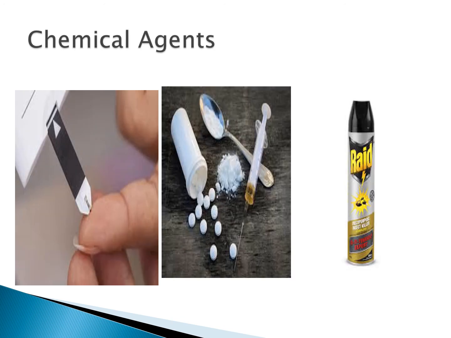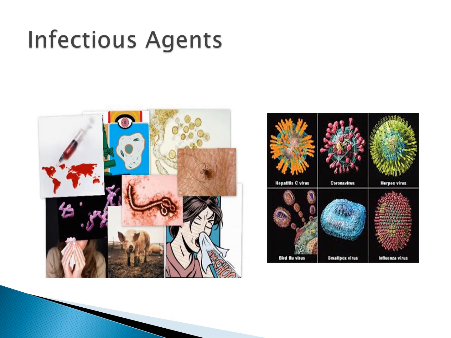Now, chemical agents. Chemical agents are so many, like sugar is considered an injurious chemical, patient اللي عندهم diabetes, salts, excessive salts, drugs, for example, pesticides, insecticides, all of these agents are chemicals that can cause cell injury and cell death.